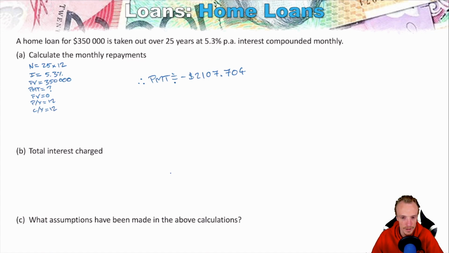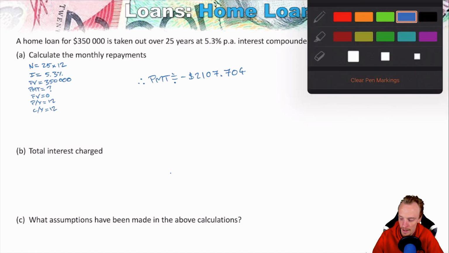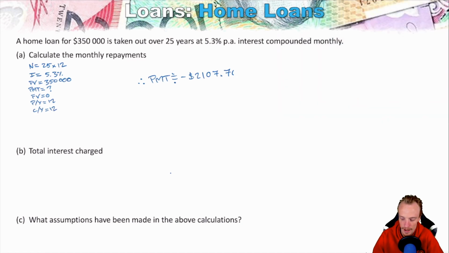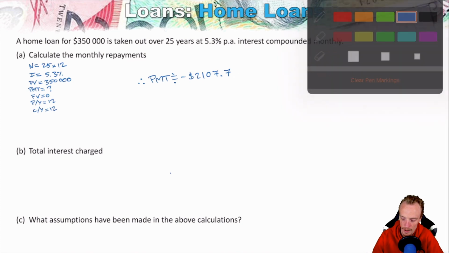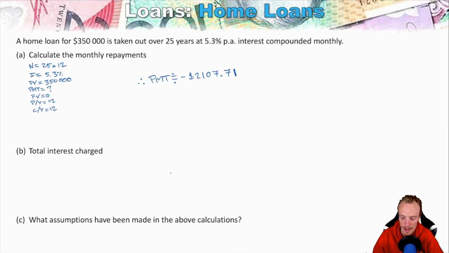However, with loans and when you're repaying them, we generally say that we round this up, because if you're only paying 70 cents, you're not quite meeting the minimum that you need to repay to reduce it to exactly zero in 25 years. So we generally round this up to the nearest cent to make sure that we are fully repaying the loan, which slightly breaks our rounding rules in this particular example. Now, because we've got a negative value here, I generally say we should interpret this.